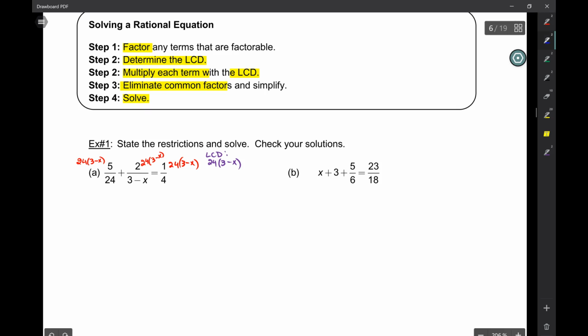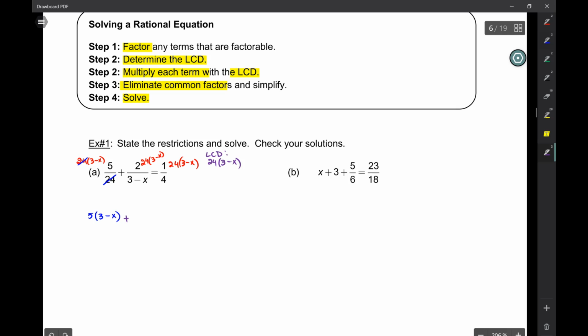All right, the first one here, you've got the red times 5 over 24. You see how I can cancel out the 24 with the 24, right? So what do I have left? 5 times 3 minus x. Right, we'll do that in the next step.